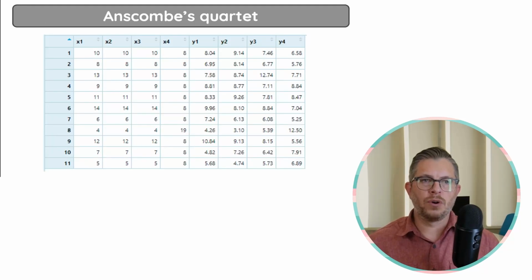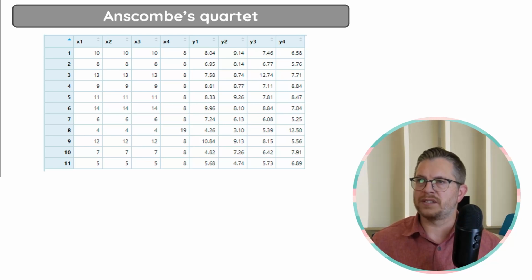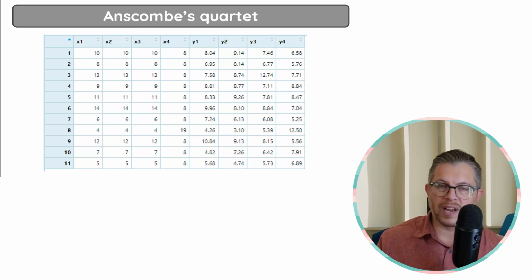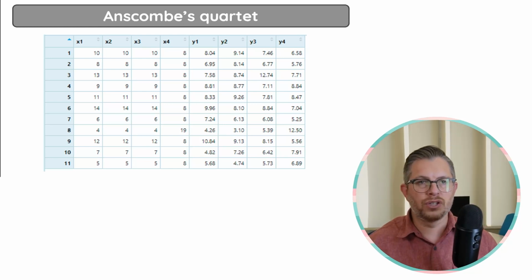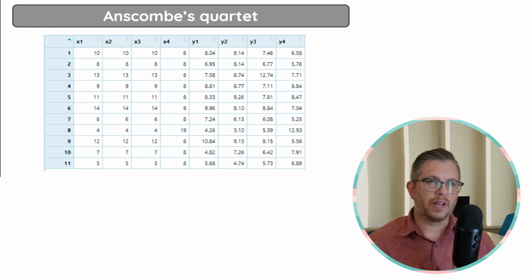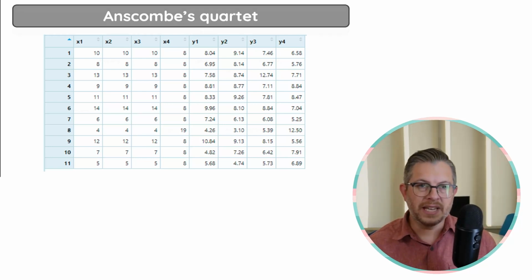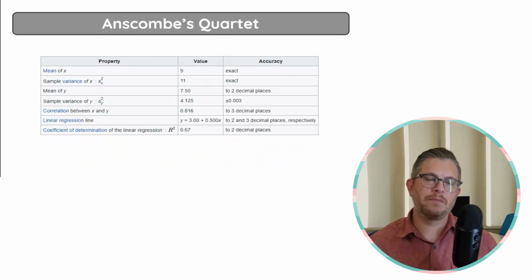But just to show this idea, Anscombe's quartet is a data set where we have 4 different plots that have different values for X and Y axis. And if you were to plot a scatter plot of X1 and Y1 and X2 and Y2 and so on, you would get the exact same summary statistics for all 4 of those.